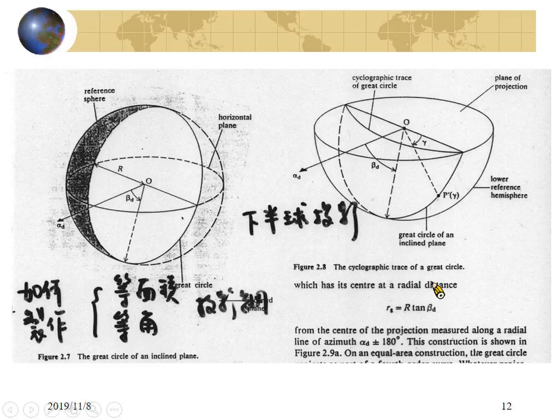The other will be the lower spherical projection. In engineering practice, we usually use the lower part. Okay? So I will only talk about this circle intersecting with the half of the circle below the horizontal plane. We will project it to the horizontal plane.